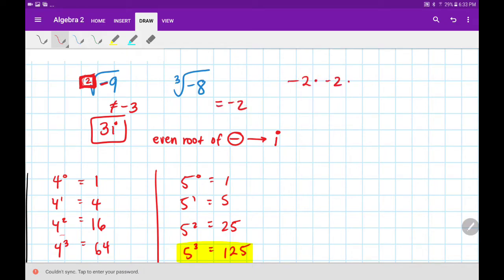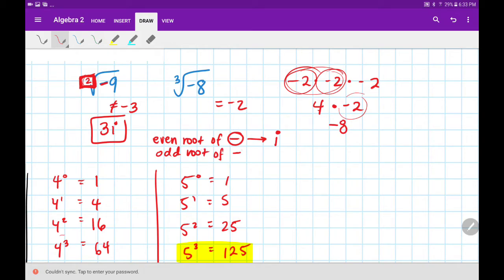Because if I multiply negative 2 times itself an odd number of times, these two will become the positive, but then there's this one left over, which will bring me back to negative. So if I have an odd root of a negative number, my answer is actually going to be a real negative number.